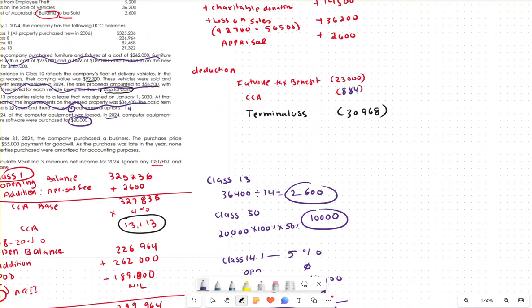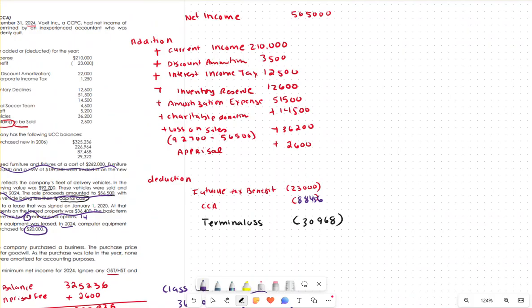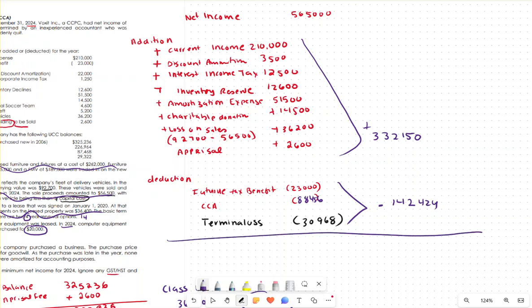Once you add and subtract, I add all my additions, and you deduct all the deductions. In this case, my additions total 332,150, and if I add up all my deductions, that will be 142,424. So that's my deduction. And what did I get? I get my net income, and that net income will be 754,726. So that's what we started with.